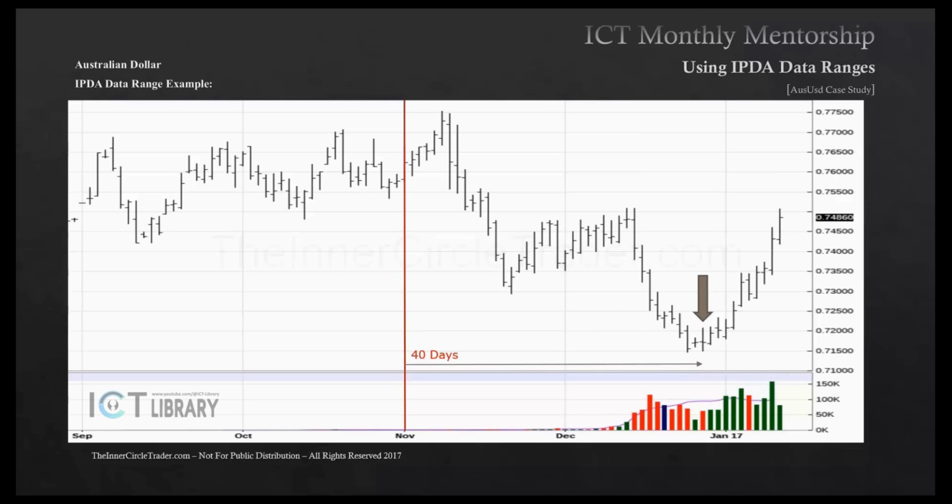It's not the very lowest low, but you can see that the low forms 2 days before that. And then we have a market structure shift, and the market starts to go opposite to what has been put in place in November.